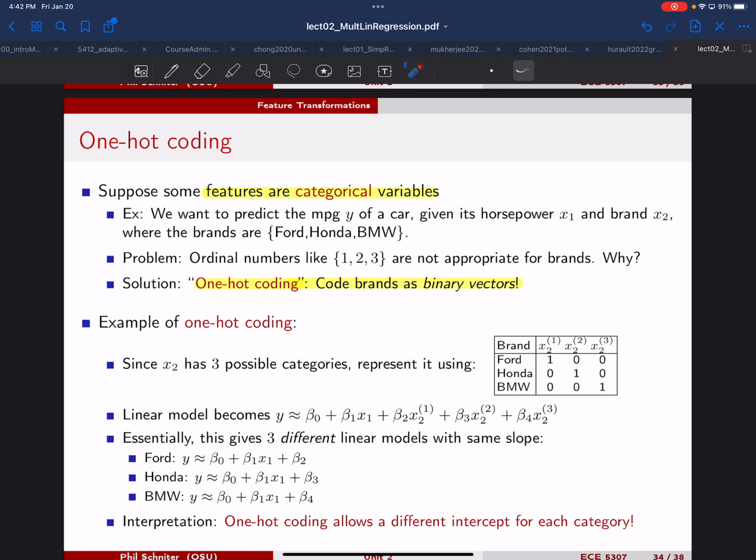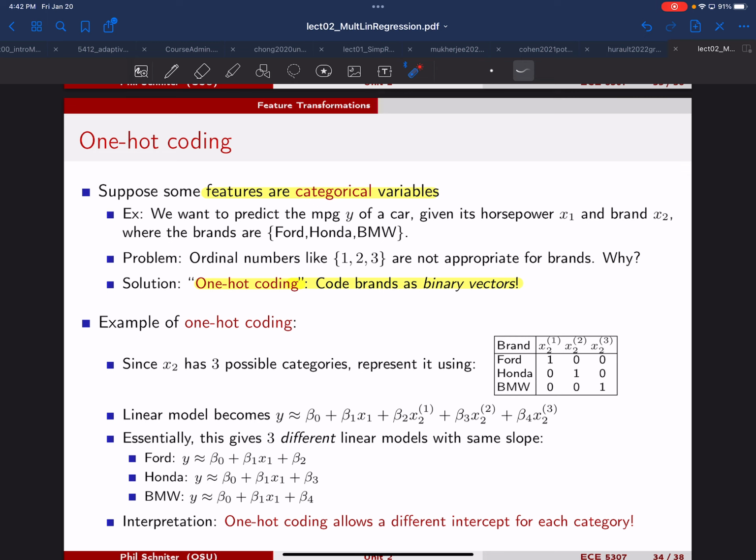That's going to be the model that you apply to all your Ford samples. When you look at all your Honda samples, this goes away, and this turns into a 1. So your Honda samples are basically getting this model. Similarly, the BMW samples are getting this model. So now that you see that, you can actually understand what is happening when you apply this coding scheme.